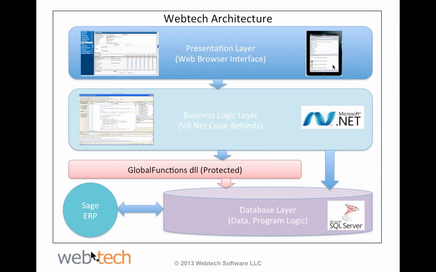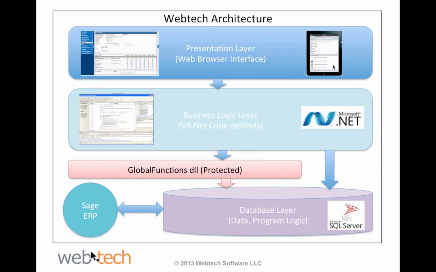So the next layer, where the business logic is contained, we can tweak or customize that business logic layer without having to really make a change to the core of the program. One of the issues that people will run into a lot with other softwares is they buy a program, they need it customized, and as soon as they customize it, they lose their updates, maintenance releases, and such.